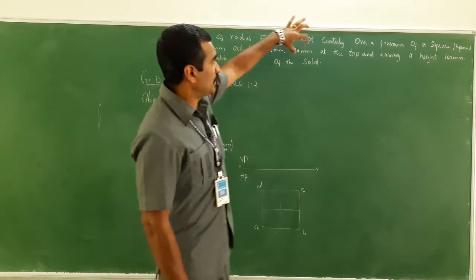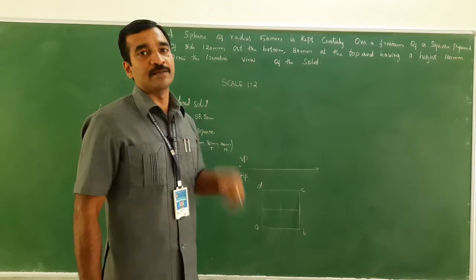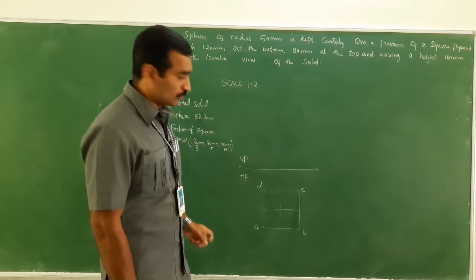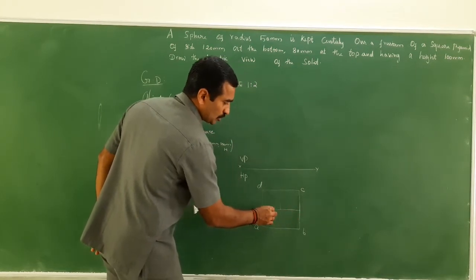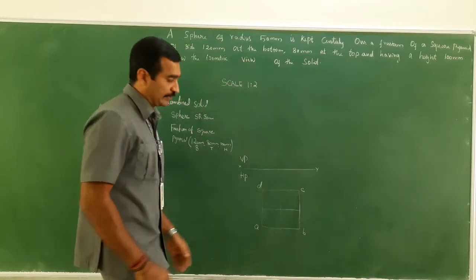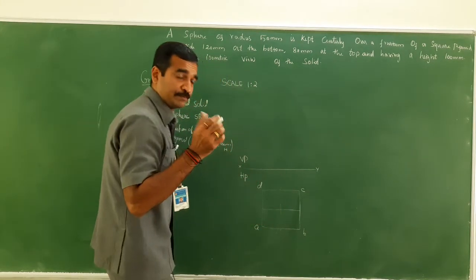Now, it is totally 80, right? But I have considered this scale 1:2. So, the total is 40 mm. If it is 40, 20 should go here and 20 should go here, so the total length would be 40. So, take 20 mm in your compass as the radius, right?